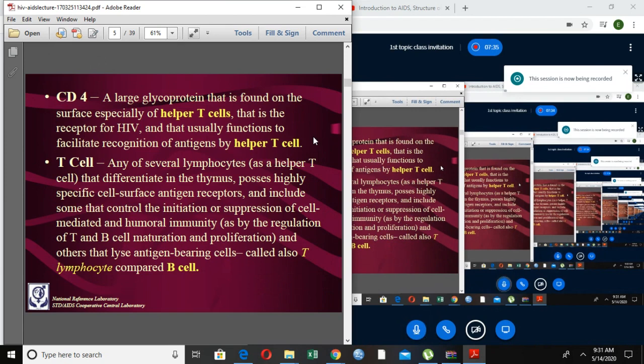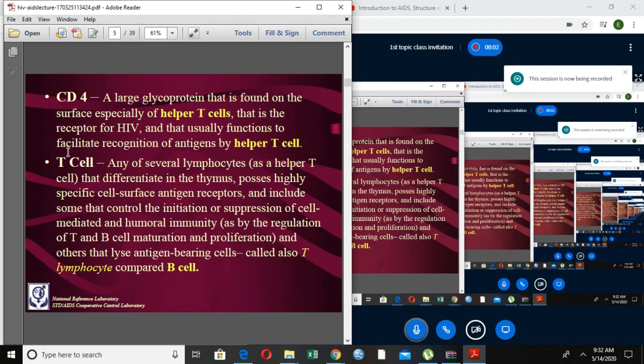For example, if a bacteria attacks your cell, the poison from that bacteria is what we are calling here antigen. So CD4 normally functions to facilitate the recognition of antigen by these helper T cells.